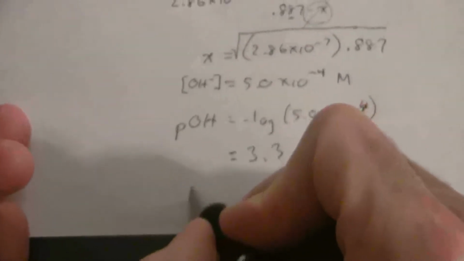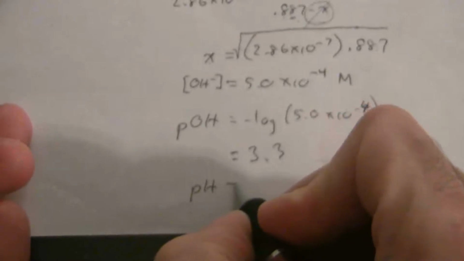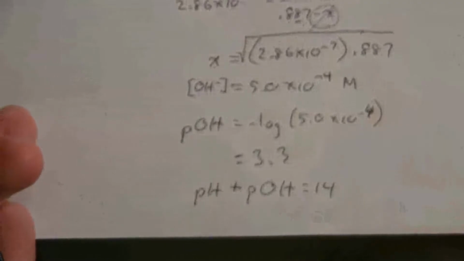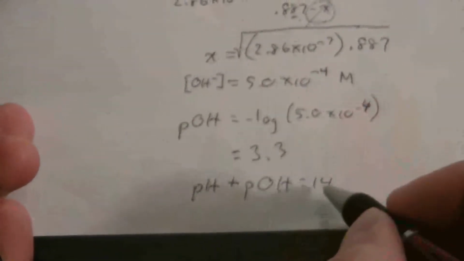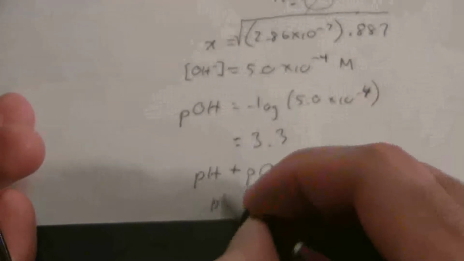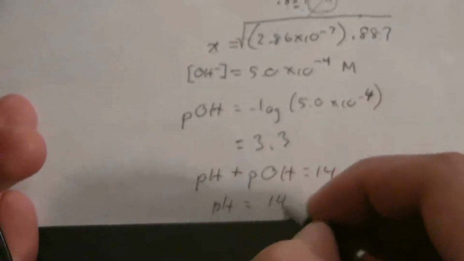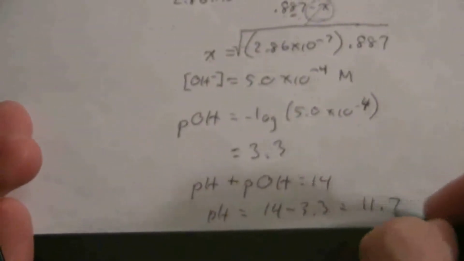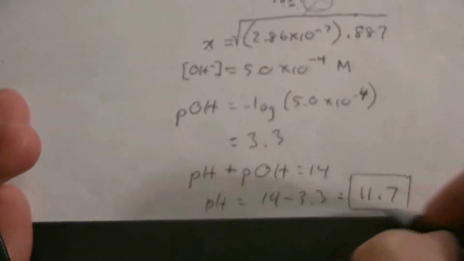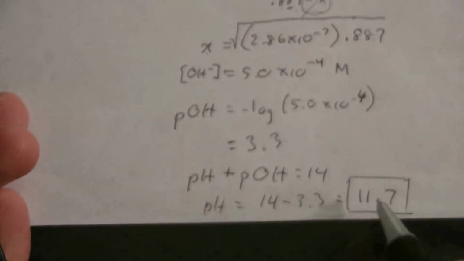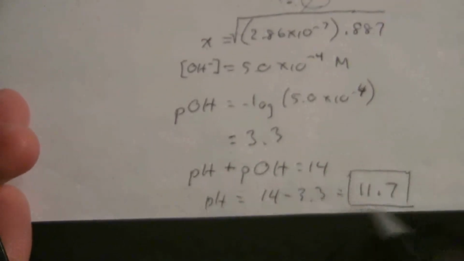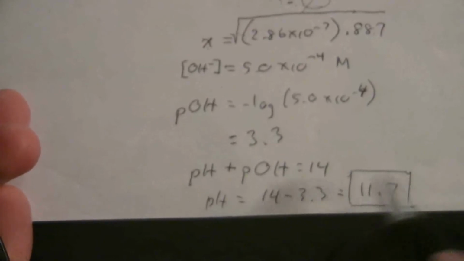To find the pH, we remember that the pH plus the pOH equals 14. So the pH will be 14 minus the pOH, and we'll get 11.7. So this is the pH of the bleach that you have in your laundry room. Quite caustic, or rather quite alkaline there.